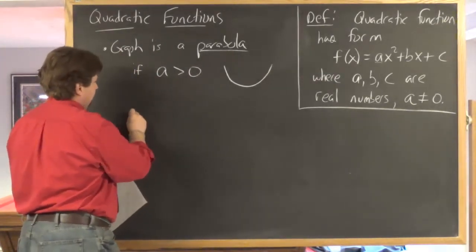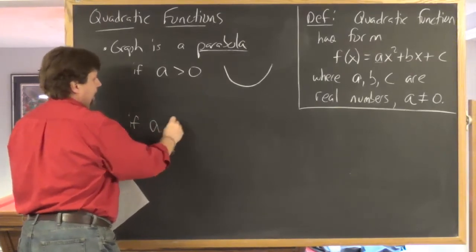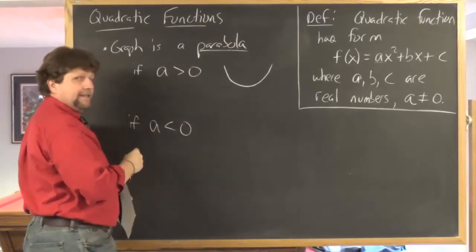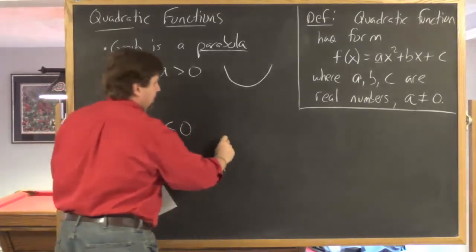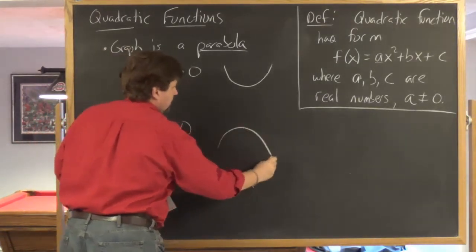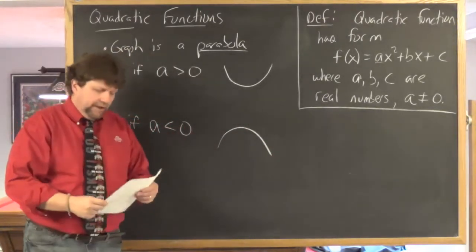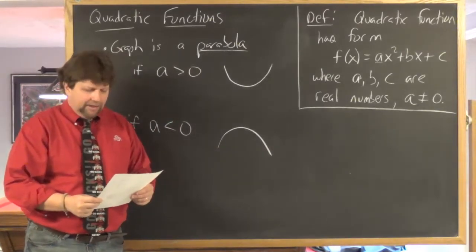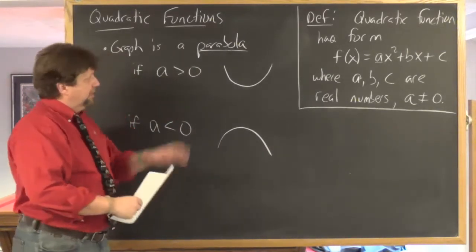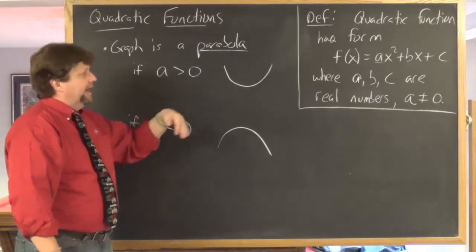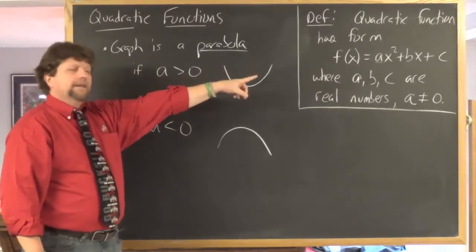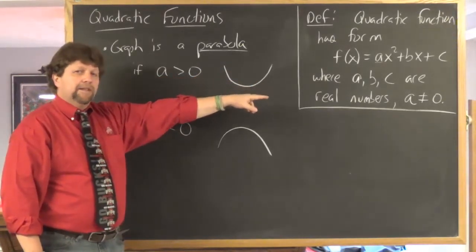If a is a negative number, if a is less than 0, then the parabola will have that shape. I call it a sad parabola. So, see, we're building up right now. A quadratic function has the form ax squared plus bx plus c.